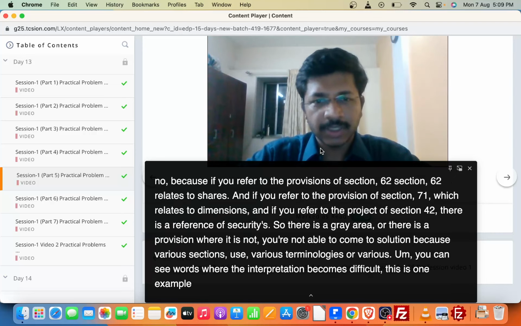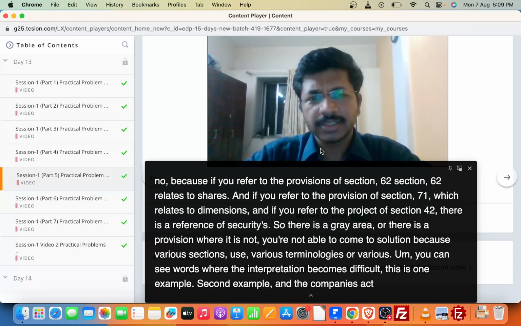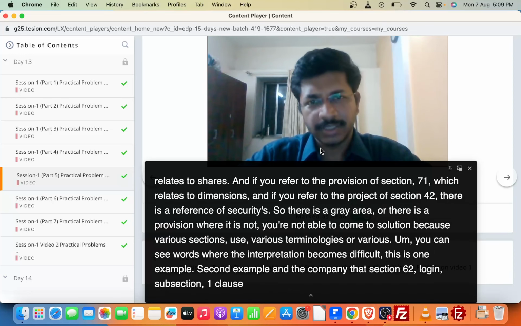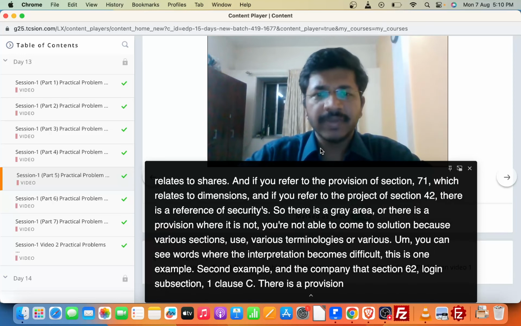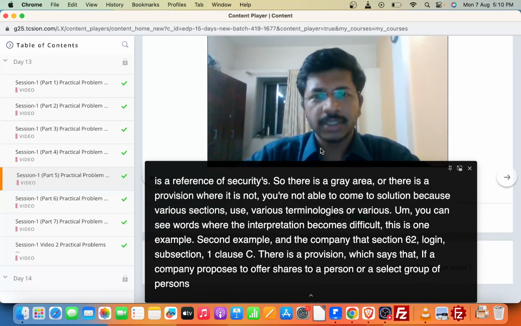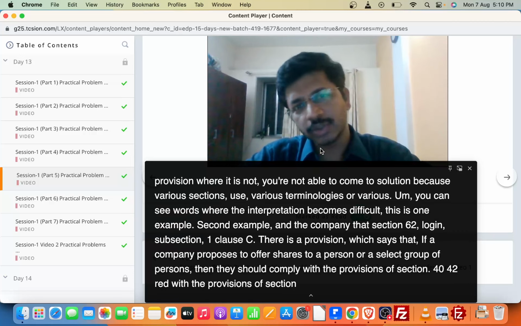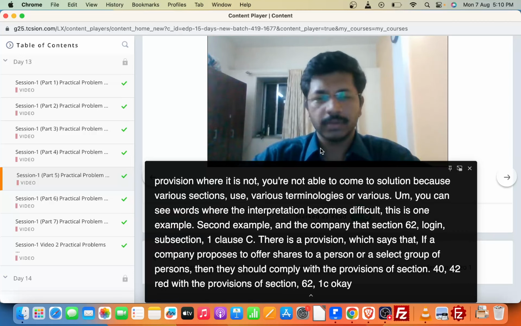This is one example. Second example, under the Companies Act, section 62 again, subsection 1, clause C, there is a provision which says that if a company proposes to offer shares to a person or a select group of persons, then they should comply with the provisions of section 42 read with the provisions of section 62 1C.